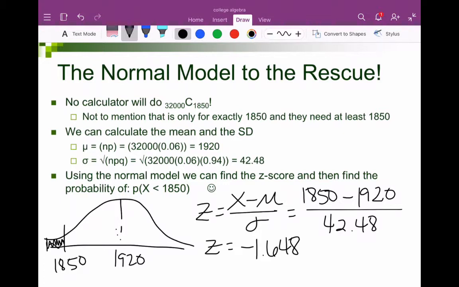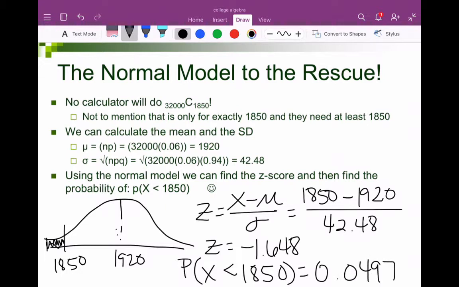We can do this either using the table in the back of our book or normal CDF on our calculator. The probability that x is less than 1,850 then equals 0.0497, or 4.97% of the time. This means that there is about a 4.9% chance that the Red Cross will not meet their goal.